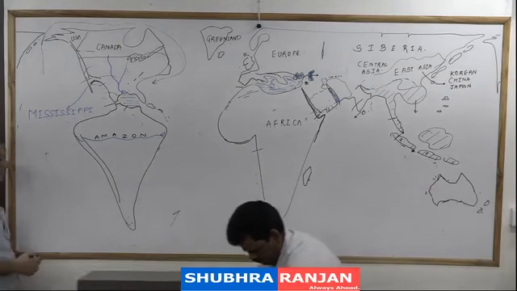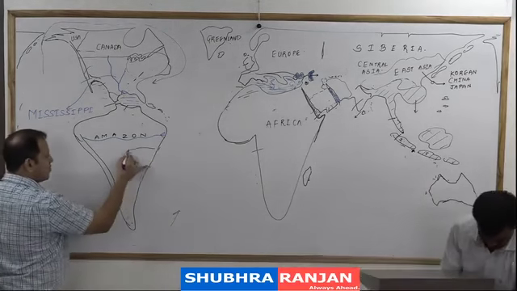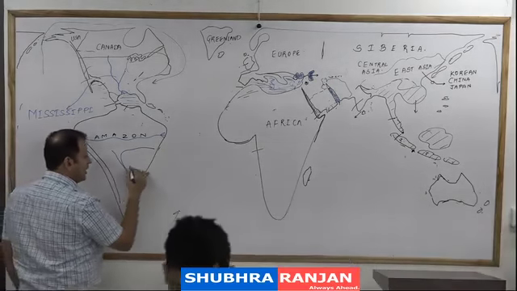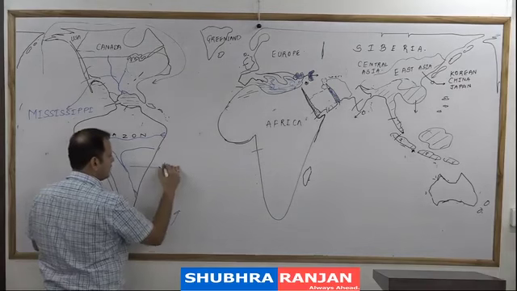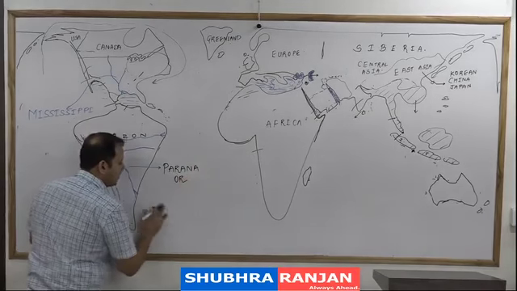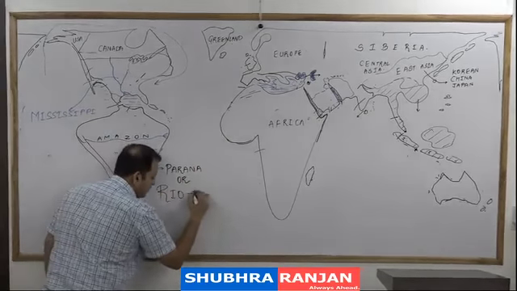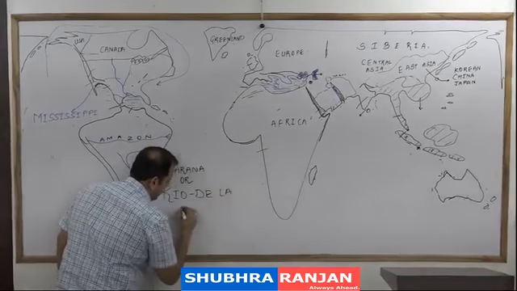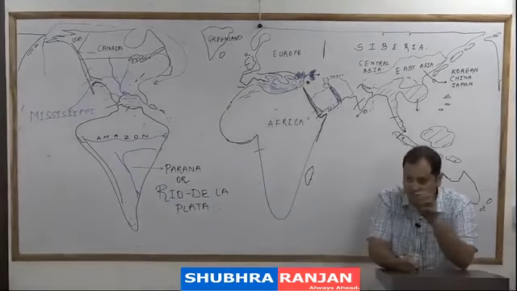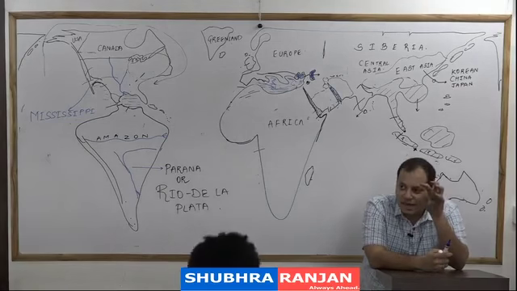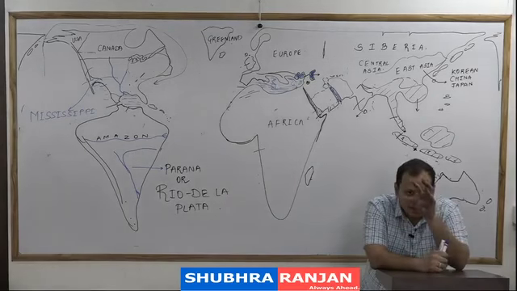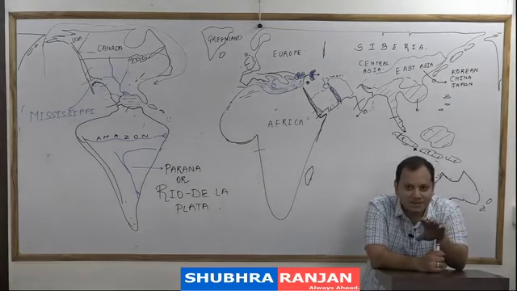Therefore the most important river economically of South America is river Parana, or river Rio de la Plata. Not Rio de Janeiro, Rio de Janeiro is a city. Rio de la Plata is a river. So, the Rio de la Plata river system.